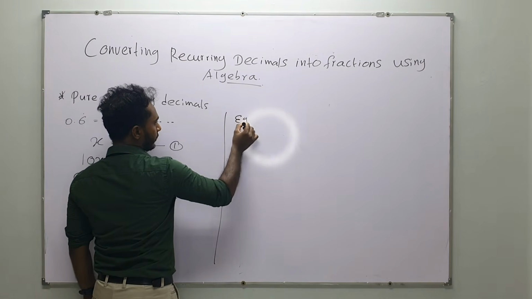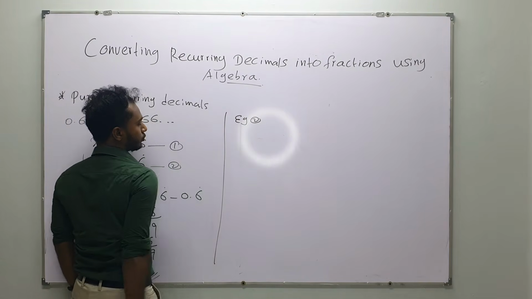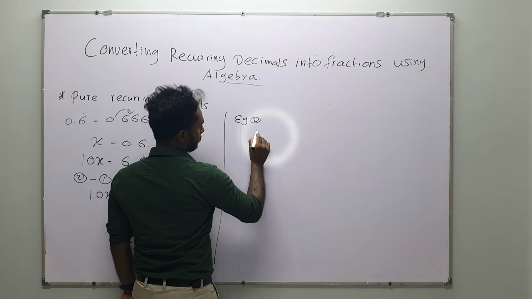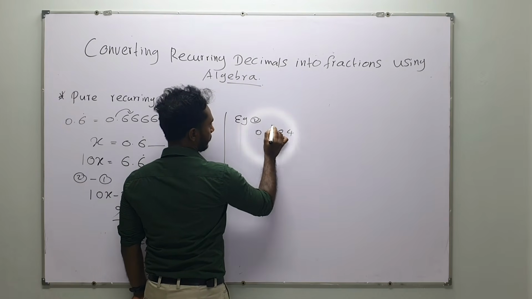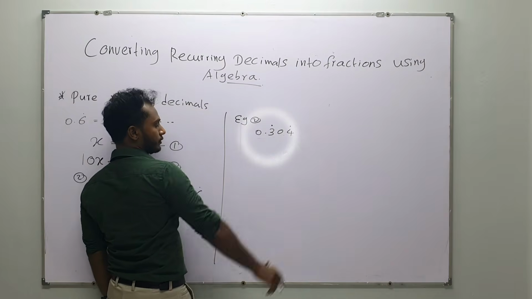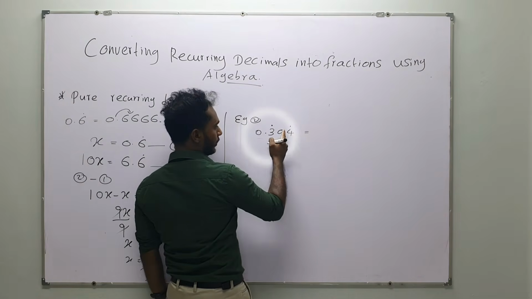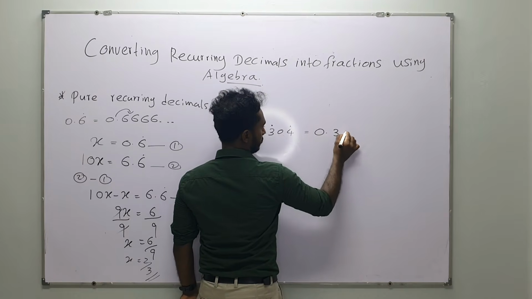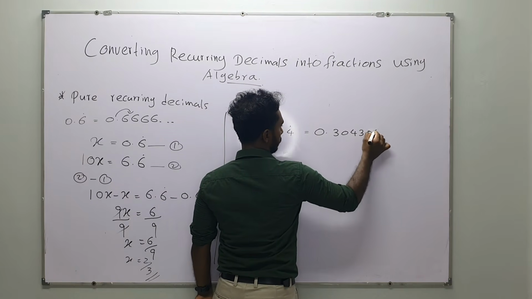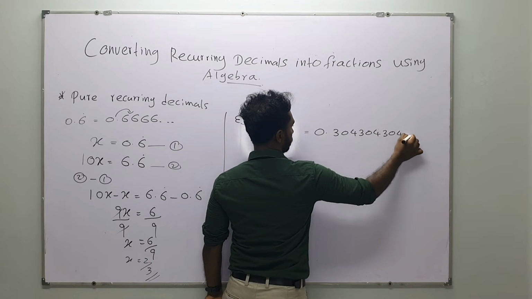Okay, let's do one more example. This is example number 2: 0.304 recurring. That means 304 is recurring. We don't write the dot in the middle number. 304, 304, 304, it goes like this.